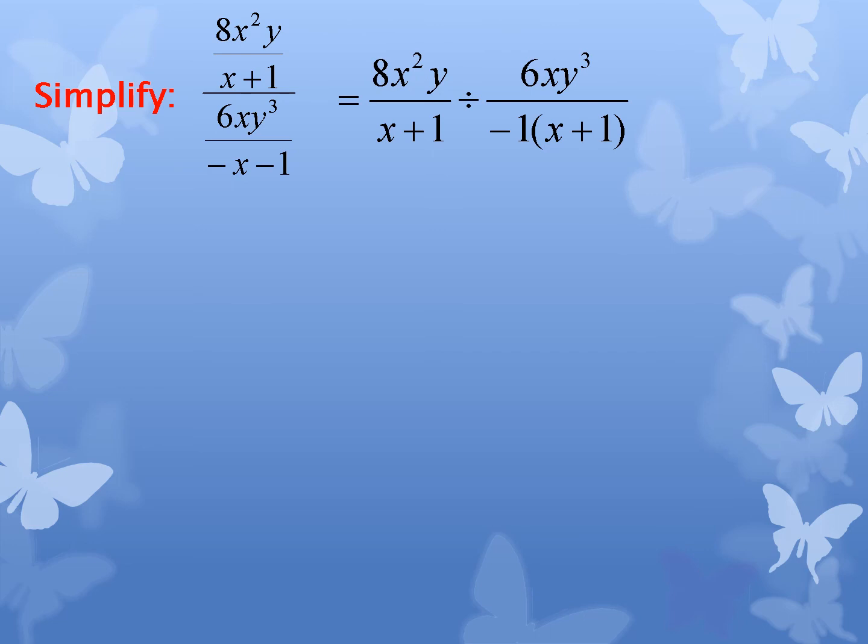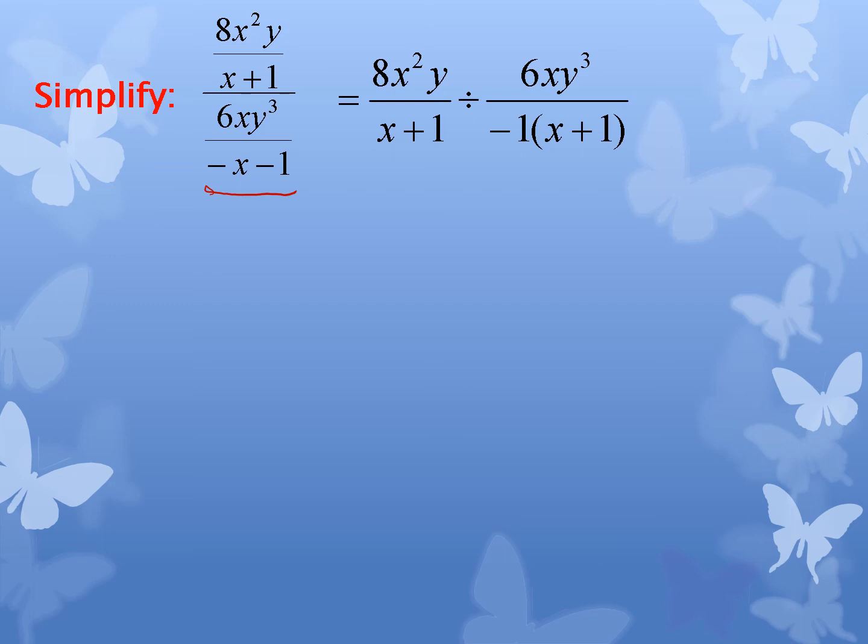So it becomes 8x squared y divided by x plus 1 divided by 6xy cubed over negative x times x minus 1. Now you may be wondering, wait a minute, in the original problem, it was negative x minus 1. And you are right. But remember, we want our leading terms to be positive. So what I did is, as I rewrote it as a division problem, I just went ahead and factored out a negative 1 so that it would make my leading term positive.